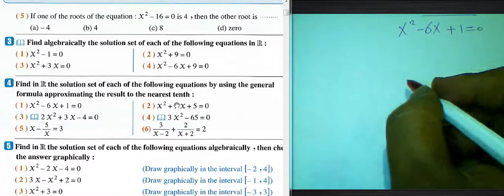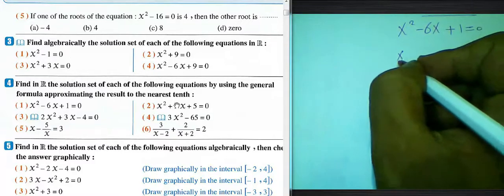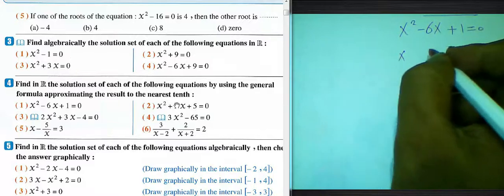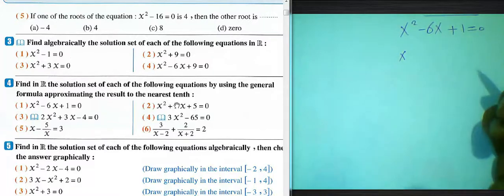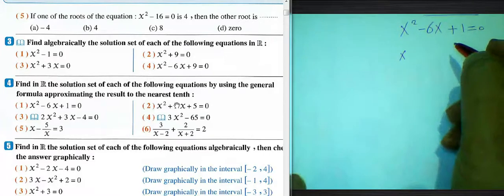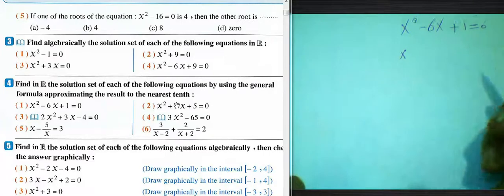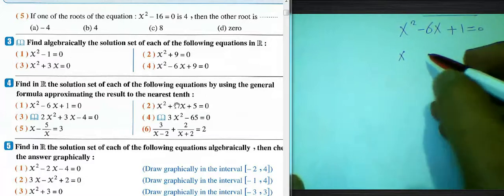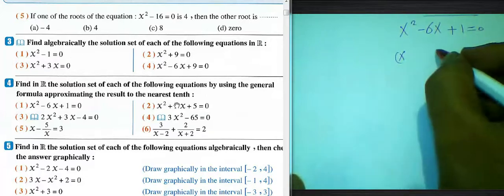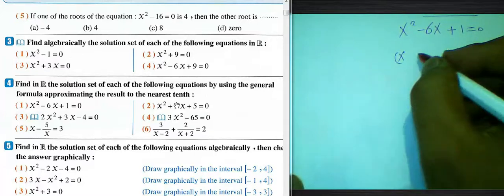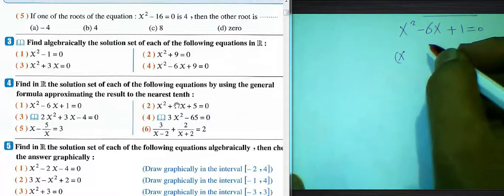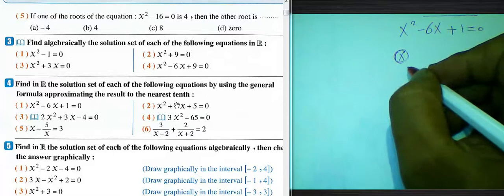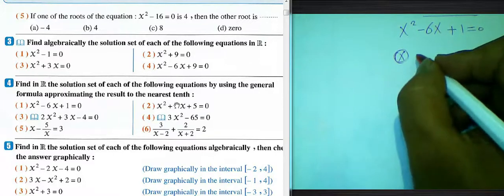We have another method, the general formula, because by factorization we can't find two numbers whose product equals 1 and whose sum equals negative 6. It's impossible. So we can't factorize, and we will use the second method, the general formula.